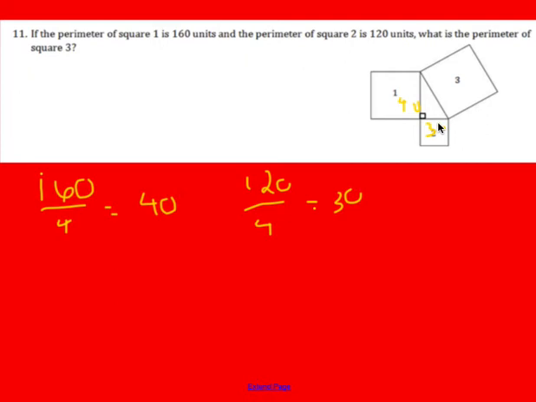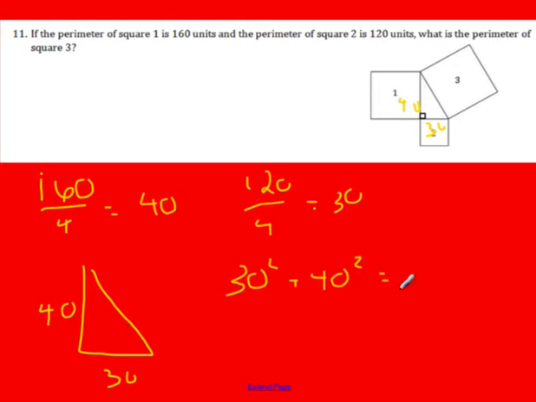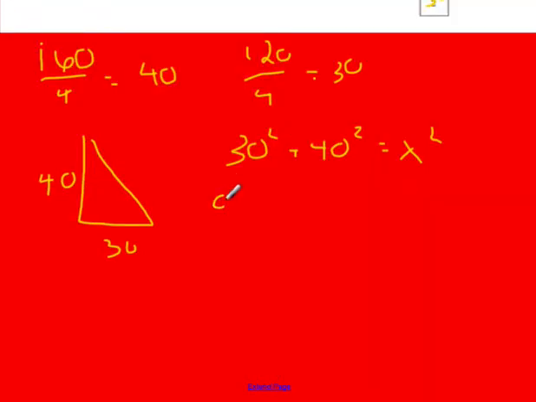So now I am going to do the Pythagorean theorem on the right triangle. So I have 30 here and I have 40 here. So I'm going to do 30 squared plus 40 squared is equal to x squared. So 30 squared is 900. 40 squared is 1,600, and that's equal to x squared.